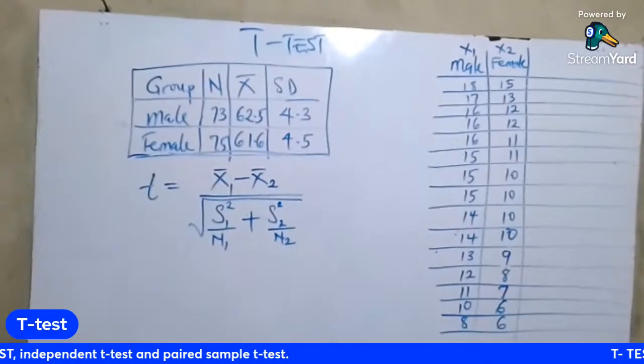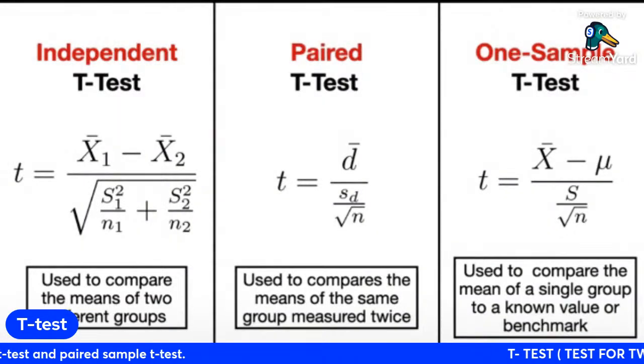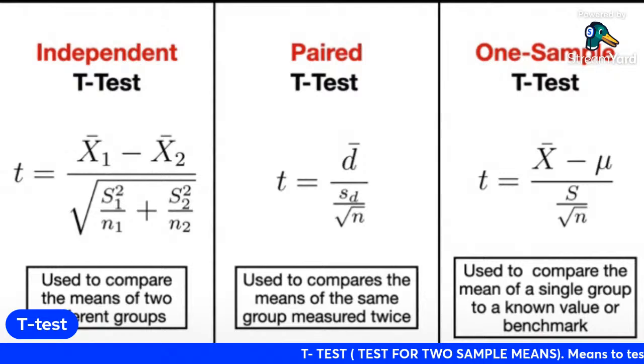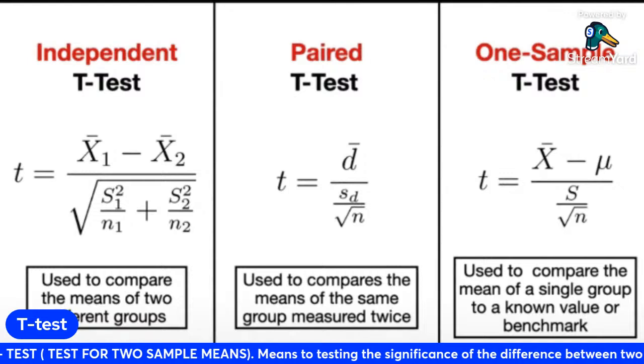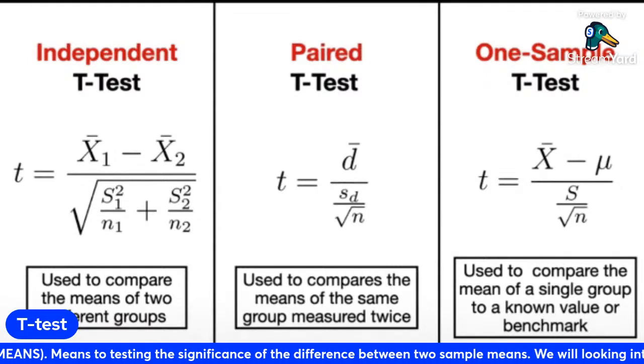I want to quickly explain this. There are basically three types of t-test. There is the independent t-test, and that is the formula there. We use it to compare the means of two different groups.